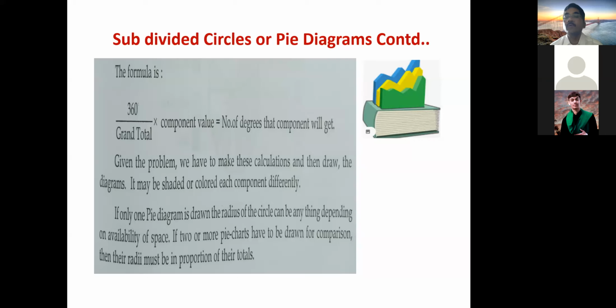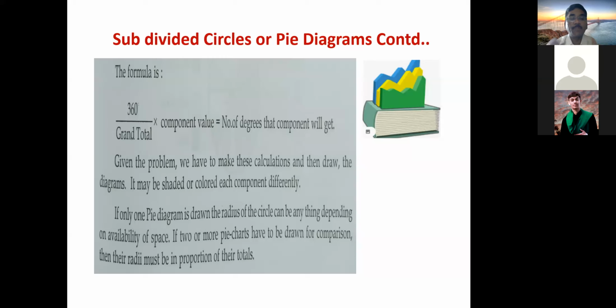That's what I mentioned in the previous class. I told you, for each sector, if you give a different color or shade, then it can be easily identified.